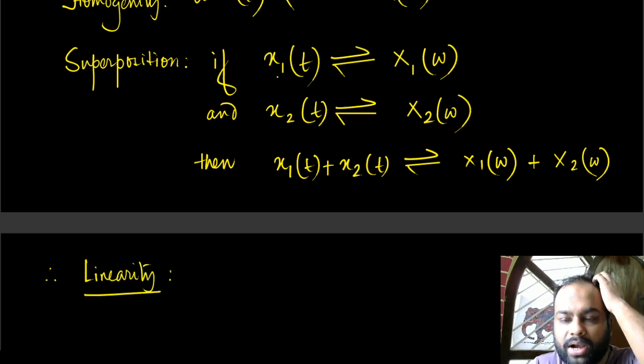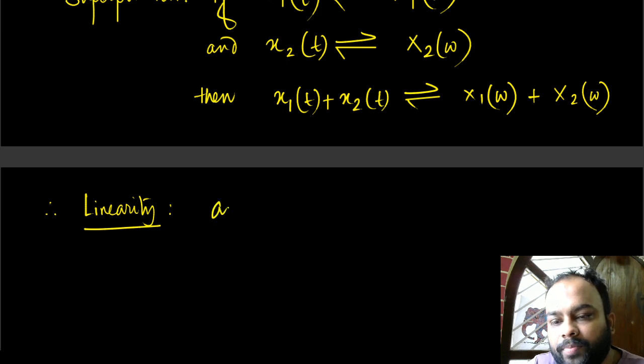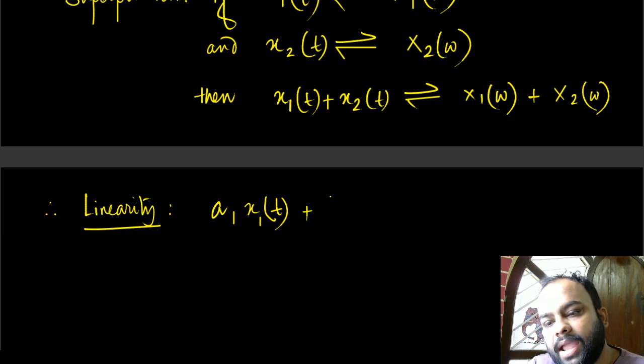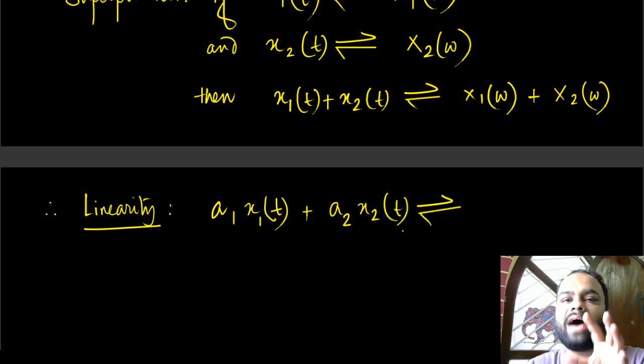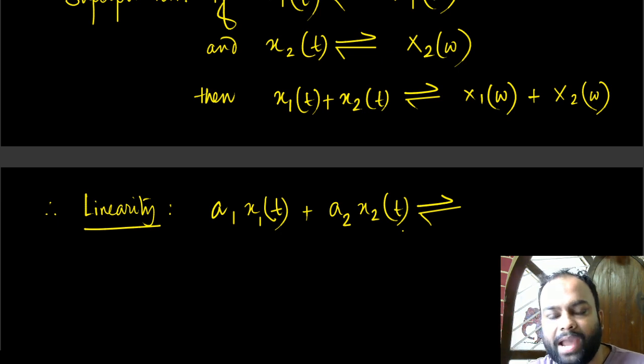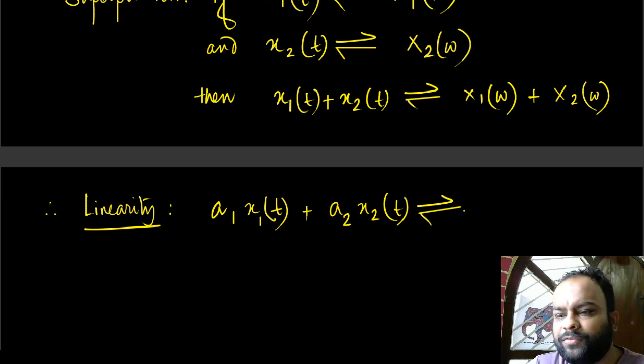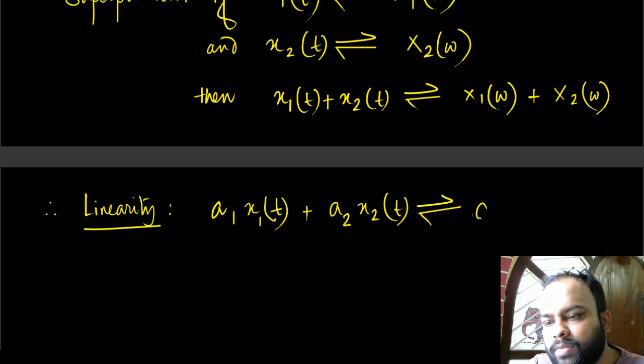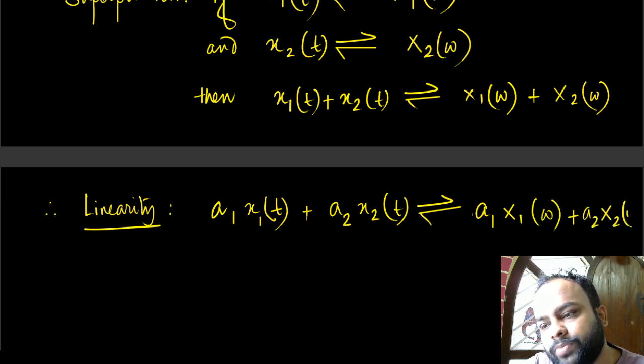Therefore linearity simply tells me that if the Fourier transform of x1 of t is X1 of omega, and of x2 of t is X2 of omega, then the Fourier transform of any scalar multiple of x1 plus any scalar multiple of x2, and you could have as many terms here, like a1 x1 plus a2 x2 plus a3 x3 and so on, would be a1 X1 of omega plus a2 X2 of omega.